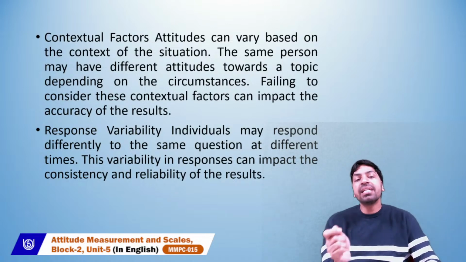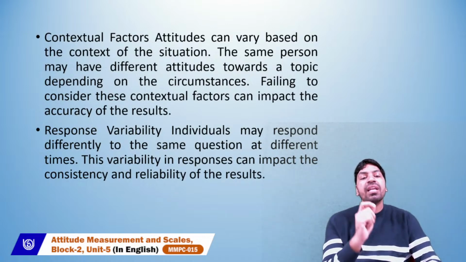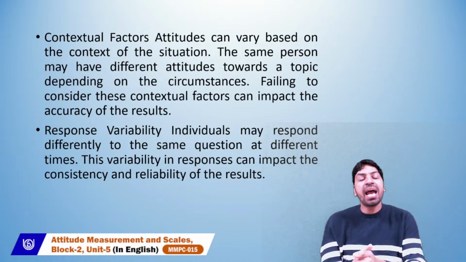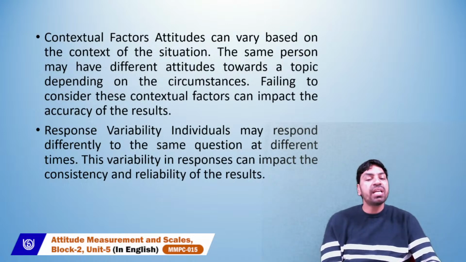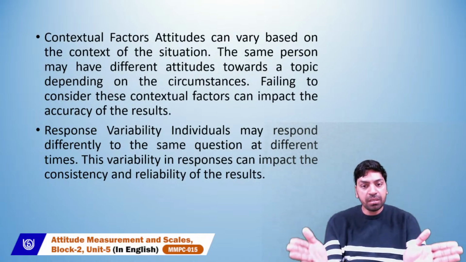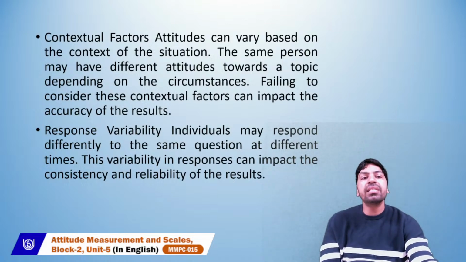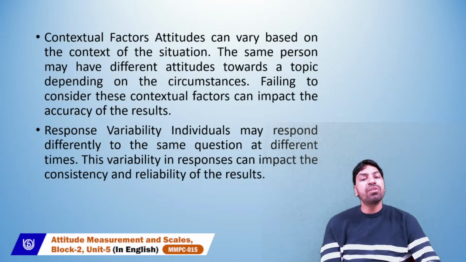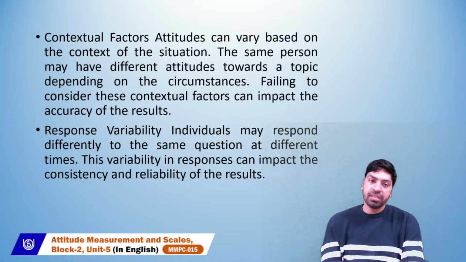If there is inconsistency and unreliability of the results, then ultimately there will be a flaw in the overall interpretation and findings of the study, which leads to inaccuracy. So these are the limitations of attitude measurement scales, which imply inaccuracy, unreliability, and harm the overall study of the researcher.